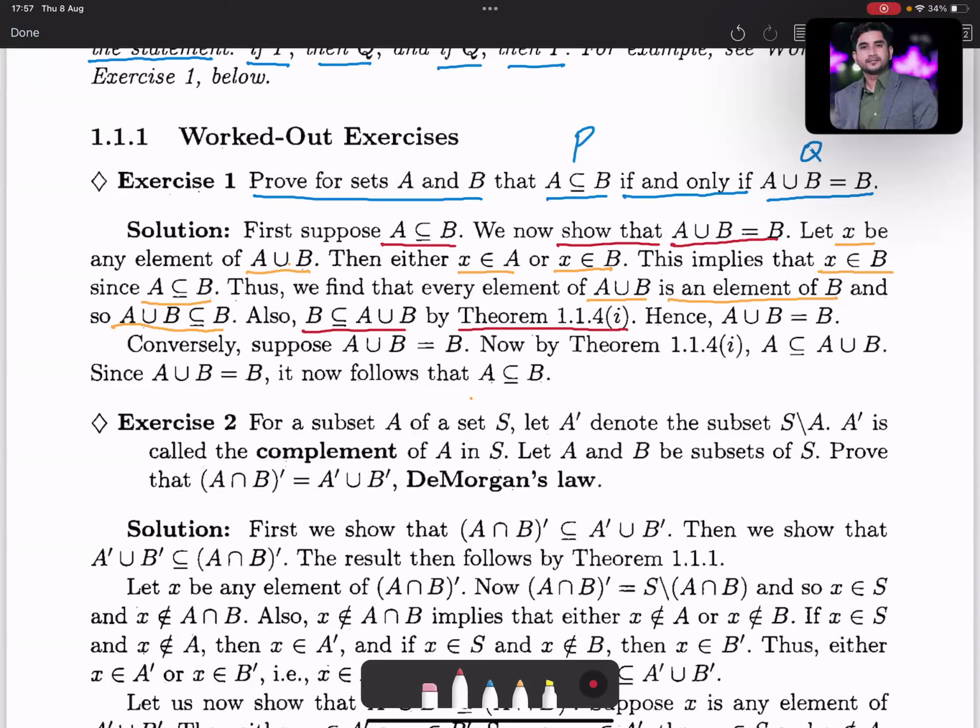So for this, we will just use that B is always contained in A union B. Hence, we have proved A union B is B.